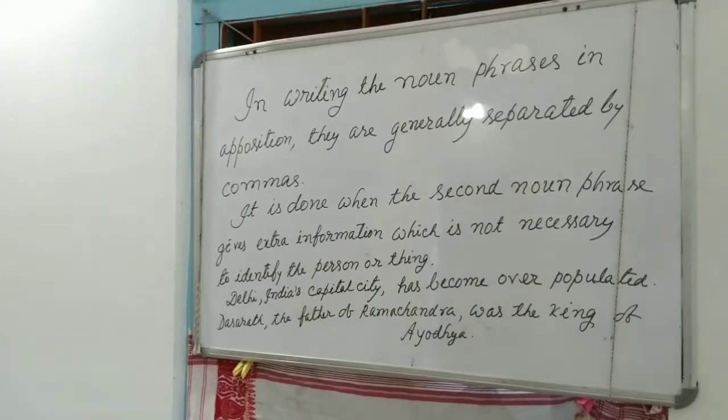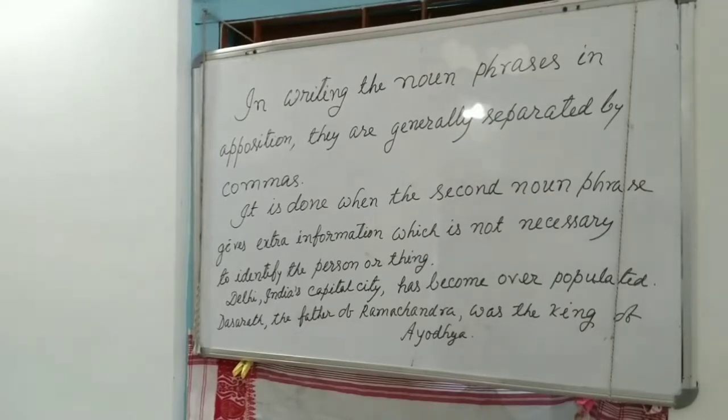When we use commas, it has a different indication, different meaning, and when we do not use commas in writing noun in apposition, it has a different meaning. Let's discuss when we use comma and what it means, and when we do not use commas and what its implications are.